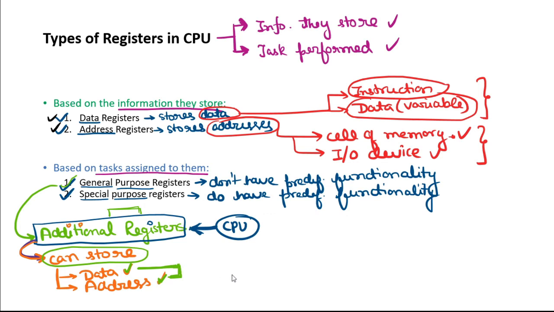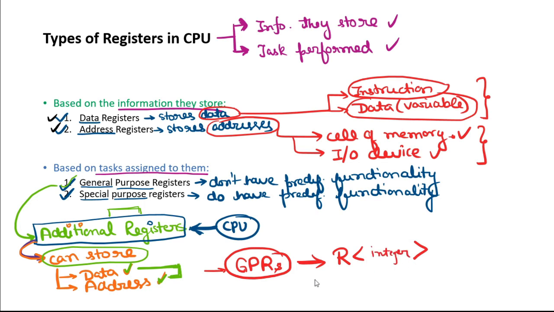Okay, they also follow a nomenclature. Each general purpose register follows a nomenclature. What is that nomenclature? General purpose register is also written as GPRs in short. So GPRs have a nomenclature, something like R followed by an integer.